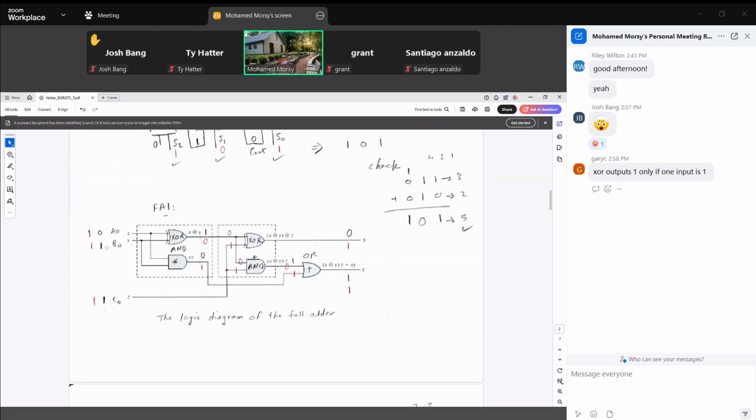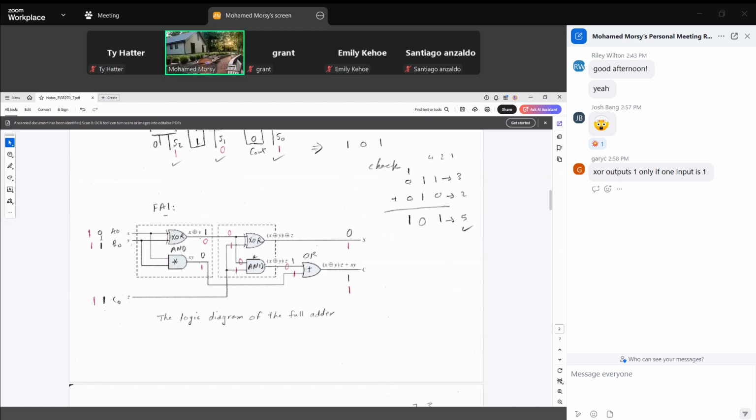So, for example, if the two inputs are 0 and 1 with carry in 1, so 0 and 1 as inputs go to the first exclusive OR here. Different inputs, so we got 1 as the output. And the same inputs go to the AND gate, so 0, 1 multiplication is 0.